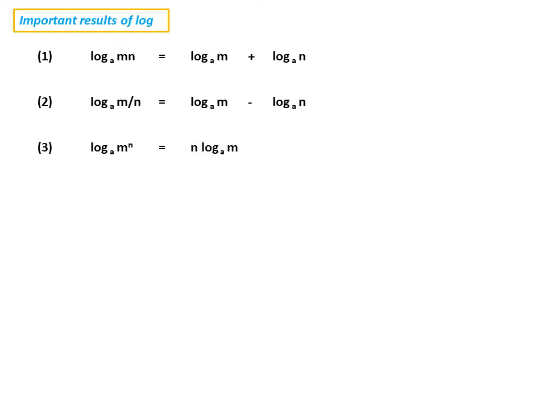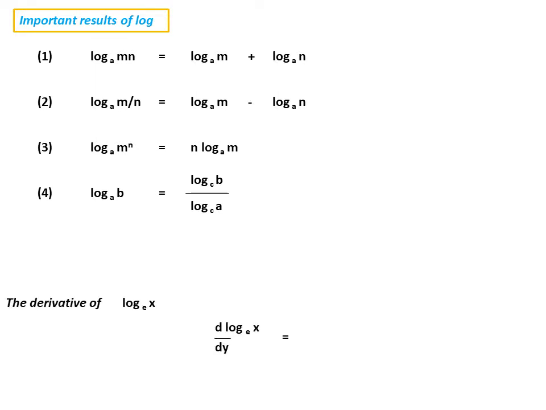Then the third important rule which we are repeatedly using is log m to the power n is n log m. And there is one more rule, change of base rule, that is log b to the base a equal to log b to the base c divided by log a to the base c. So this we studied.